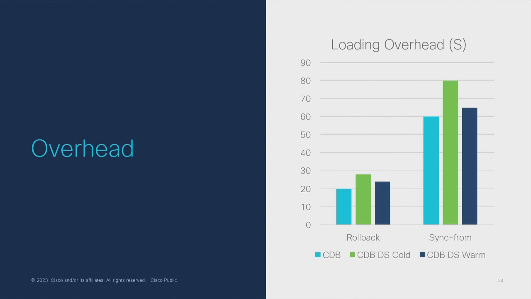Two main use cases where this becomes really evident are creating rollback files and performing sync-froms. When we create a rollback file, we want to create a file that contains all the data that was in the system before the current transaction goes in.